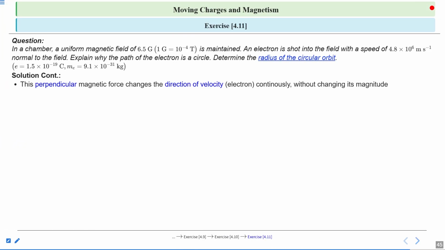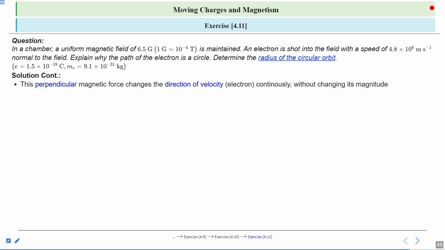Now the magnetic force is perpendicular to velocity. So this perpendicular magnetic force changes the direction of velocity of the electron continuously without changing its magnitude. Why is it not changing the magnitude of the velocity? Because to change the magnitude of the velocity, there must be a component of force parallel to the velocity.